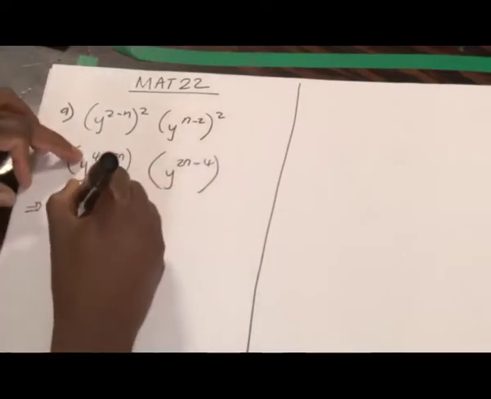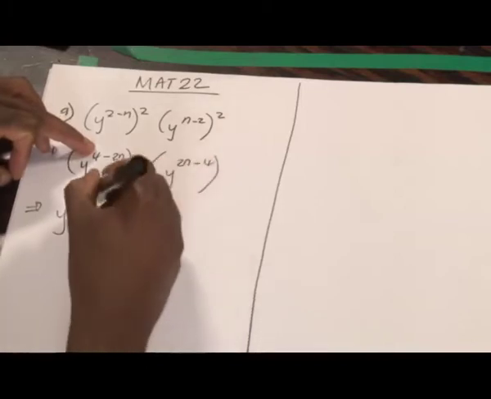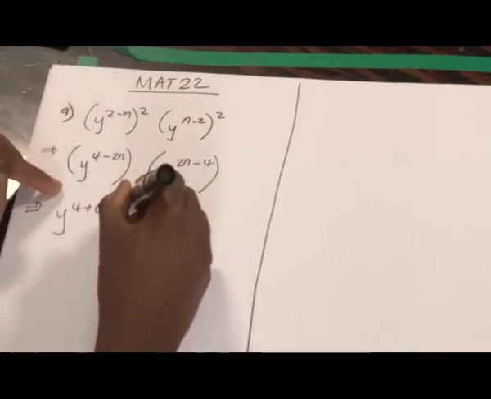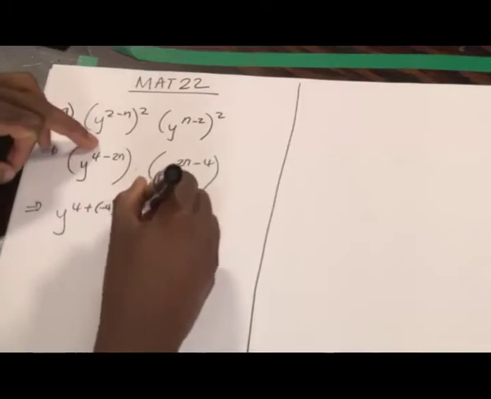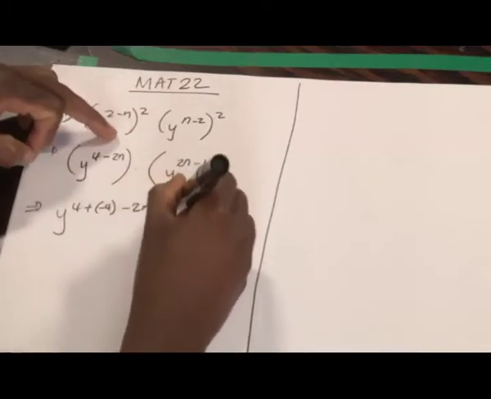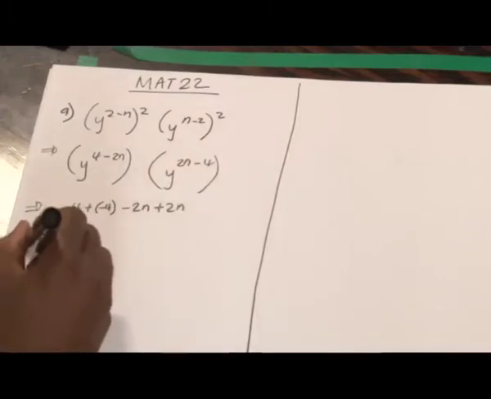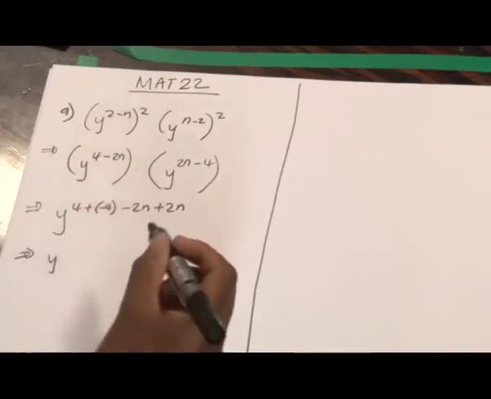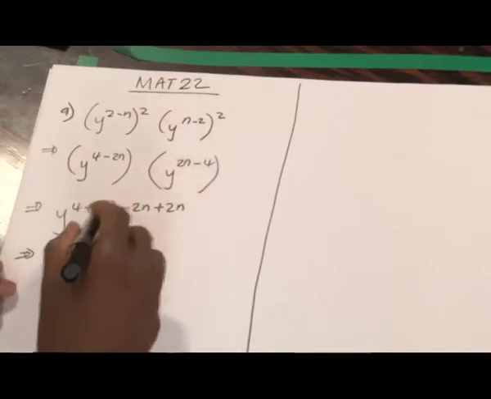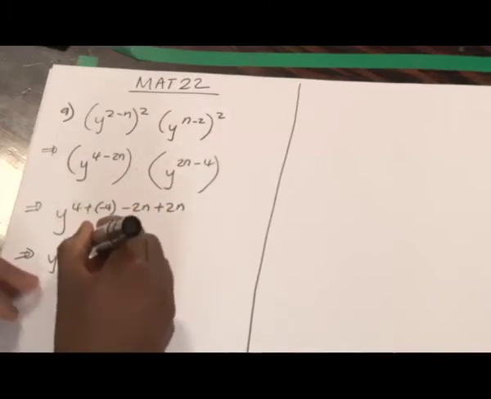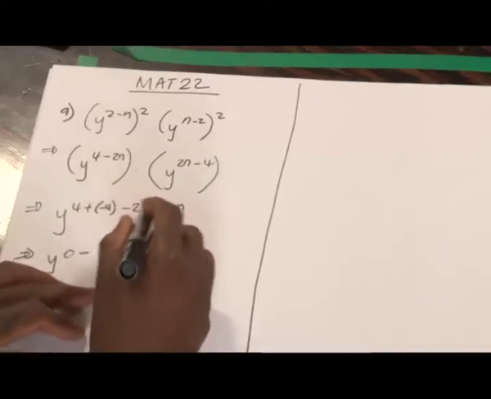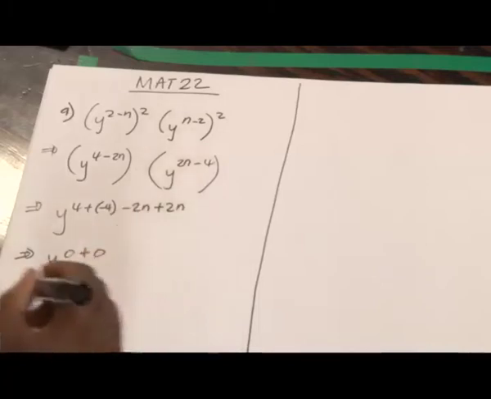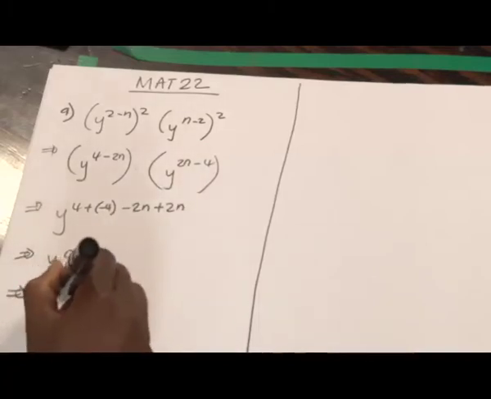So you have 4 plus negative 4, then minus 2n plus 2n. You already know that plus and minus gives you minus. So 4 minus 4 gives you 0. Minus 2n plus 2n gives you also 0. Therefore, y to the power 0.